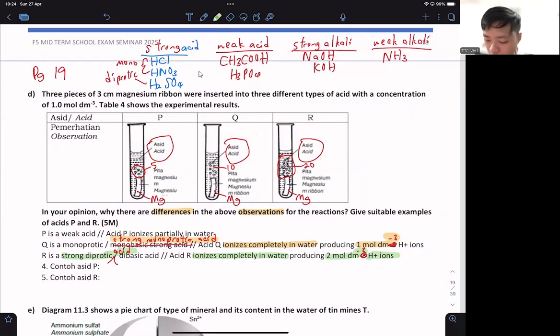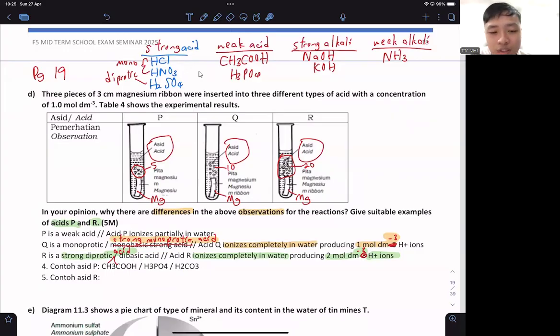If they ask for a suitable example of acid P and R: acid P is a weak acid, so any weak acid you can give, CH3COOH, ethanoic acid, and also H3PO4, phosphoric acid. Even carbonic acid is accepted, though we don't really learn it in our syllabus.